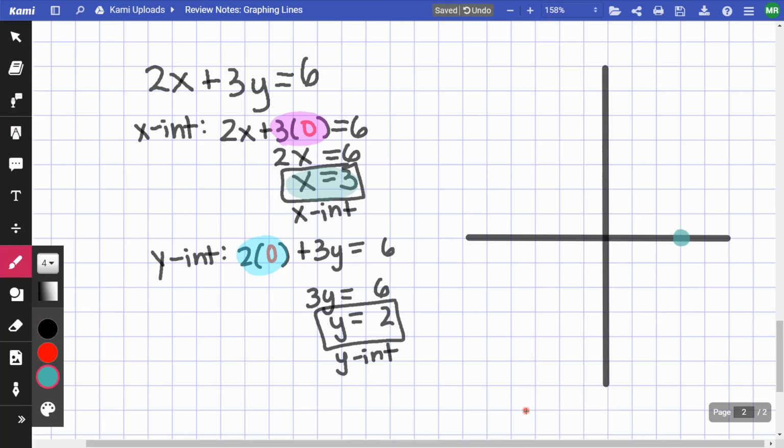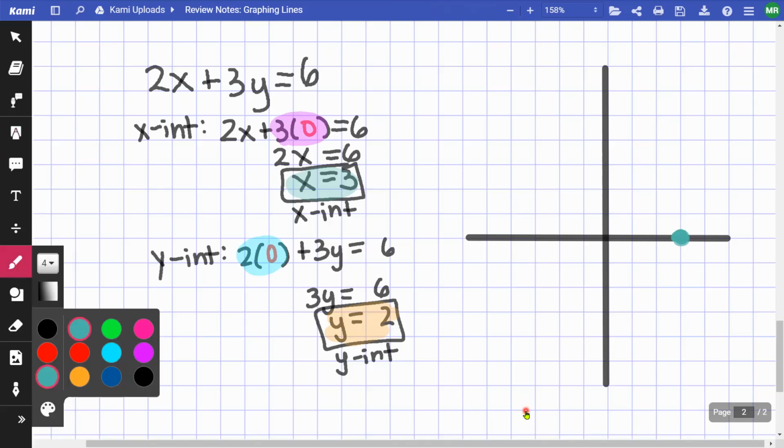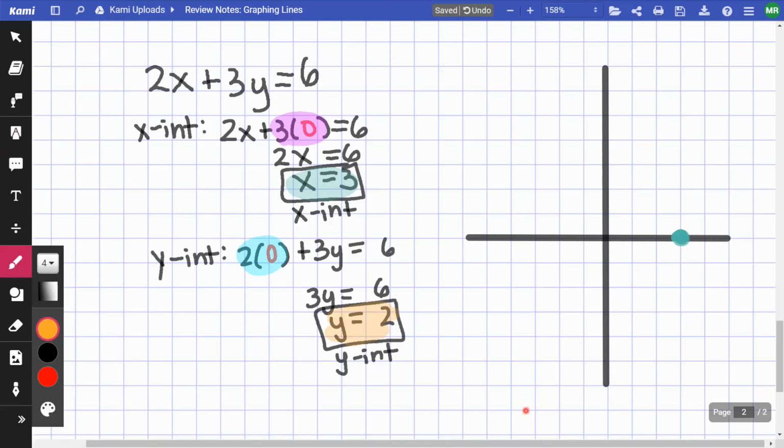Then I am going to plot my y-intercept, which is 2. And then I can connect these points. And when I do, I end up getting my line.